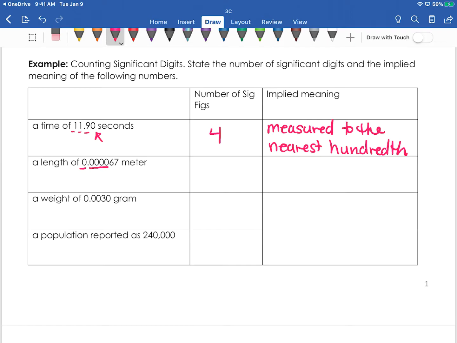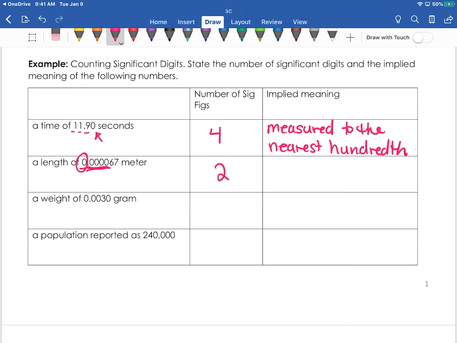The 6 and the 7 are for sure significant because they're non-zero. Those other zeros are not between 2 significant digits. This is definitely not a significant digit, which makes these not significant. So in this case, we only have 2 significant digits.